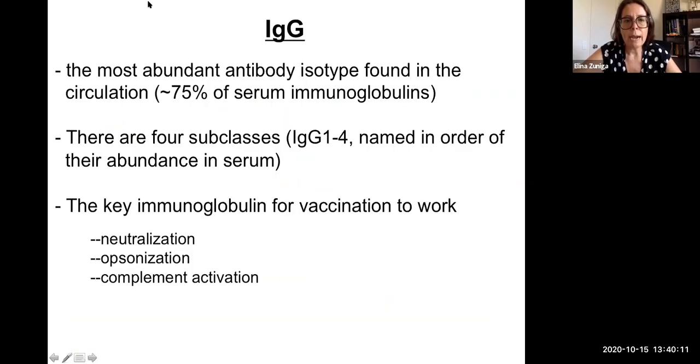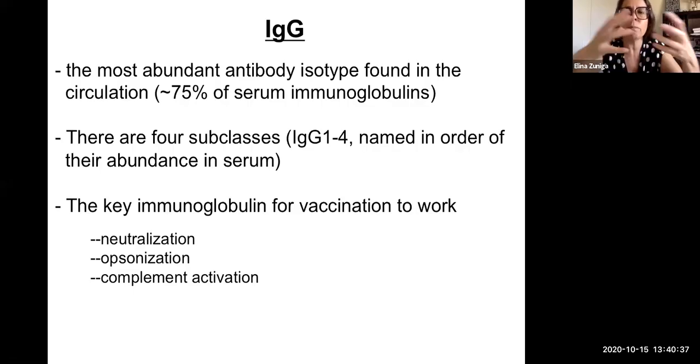So IgG is the most abundant antibody isotype found in the circulation. 75% of the immunoglobulins in our serum is IgG. And as I mentioned before, there are 4 subclasses of IgG: IgG1, 2, 3, and 4. They are named based on their abundance in the serum.